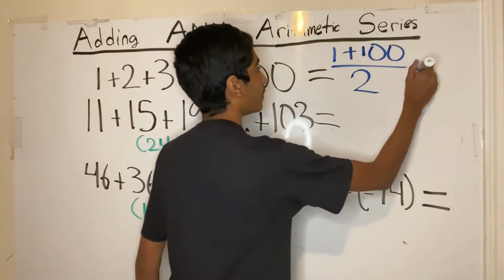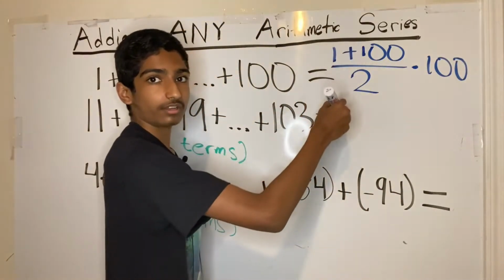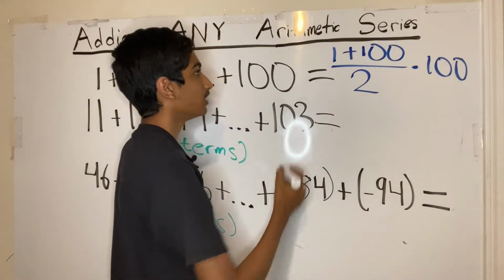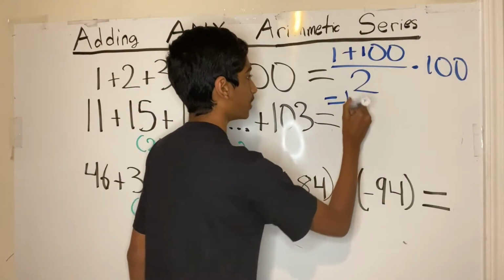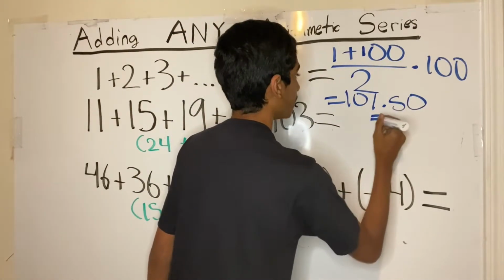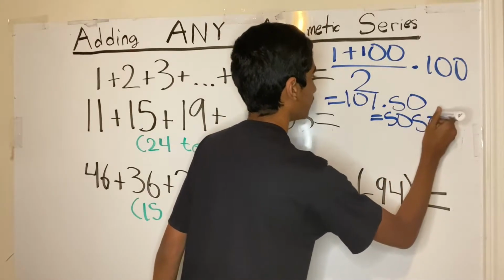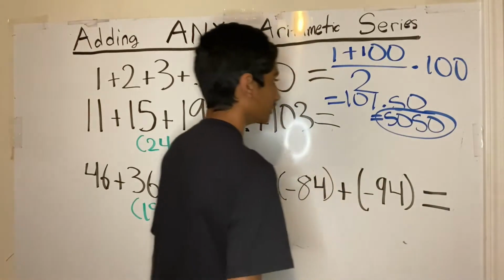Then we have 100 terms here. So now we have 101 divided by 2 times 100, which we can simplify to become 101 times 50, which, covered in my 1001s trick, is just 5050, as the 1001s trick is the same as the 101s trick.